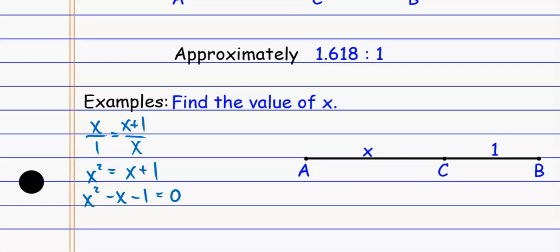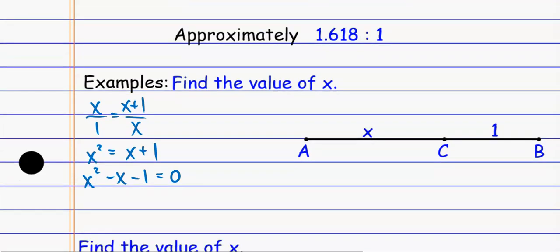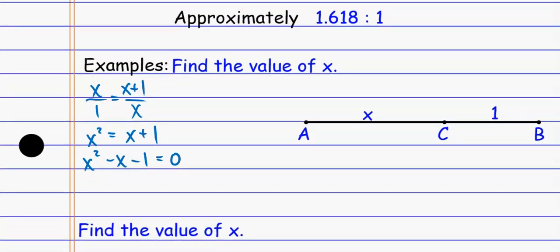And then from there, we want to solve this thing. Well, we'd have to solve this thing using our quadratic formula. So opposite of b, plus or minus the square root of b squared minus 4ac, all over 2a. And this takes a little bit of simplification here.